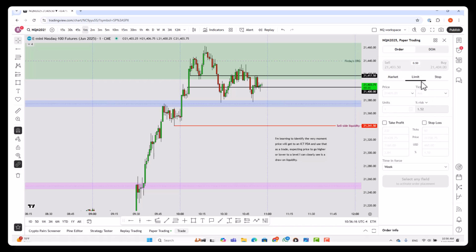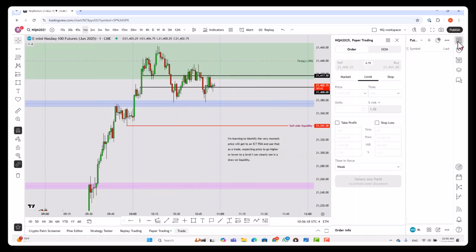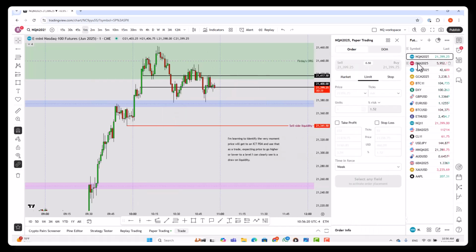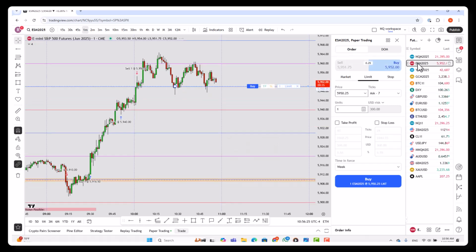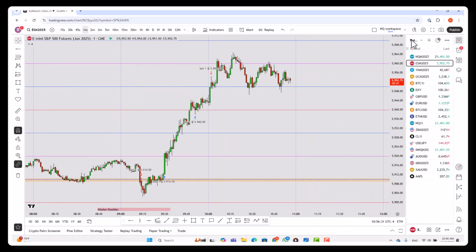What is ES doing? Also consolidating now.